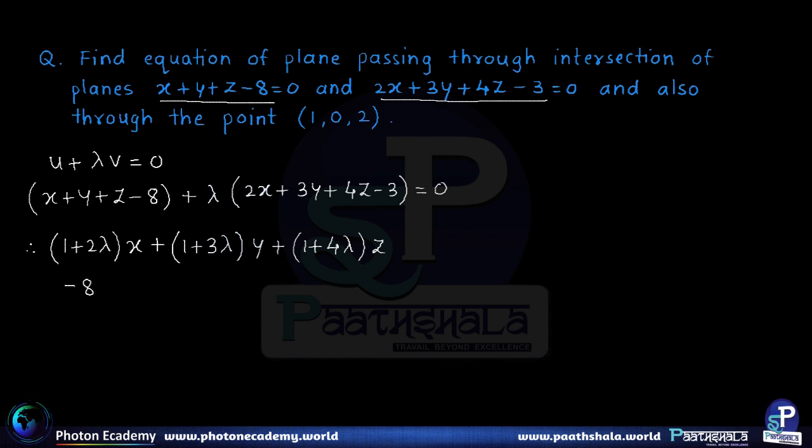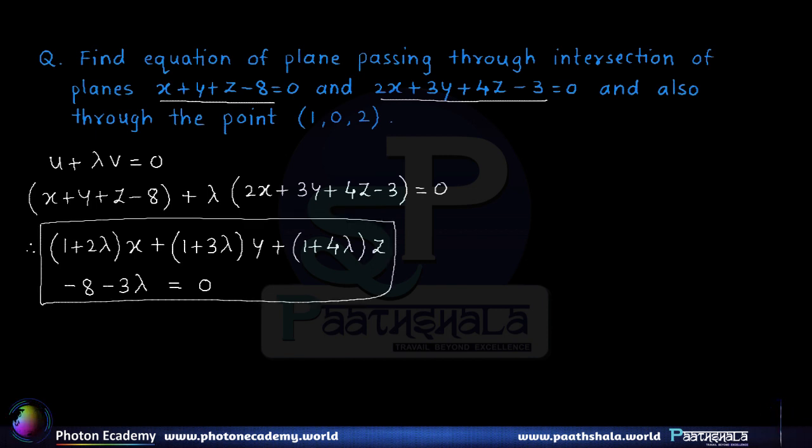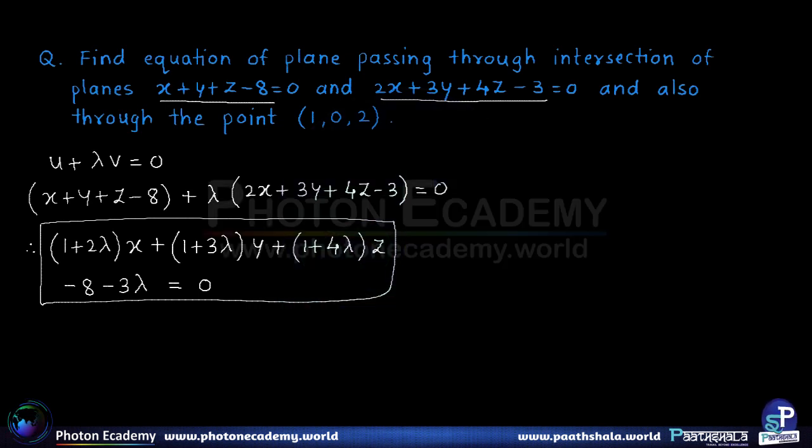Then you have minus 8 minus 3 lambda equal to 0 as the constant term. So this equation that we have got is the representative of any general member of the family. To fix one specific member of the family that passes through a given point, we will substitute the coordinates of that point in this equation and get the value of lambda.